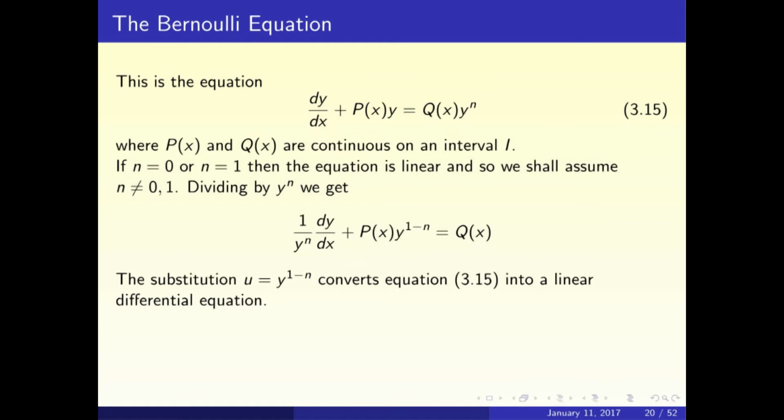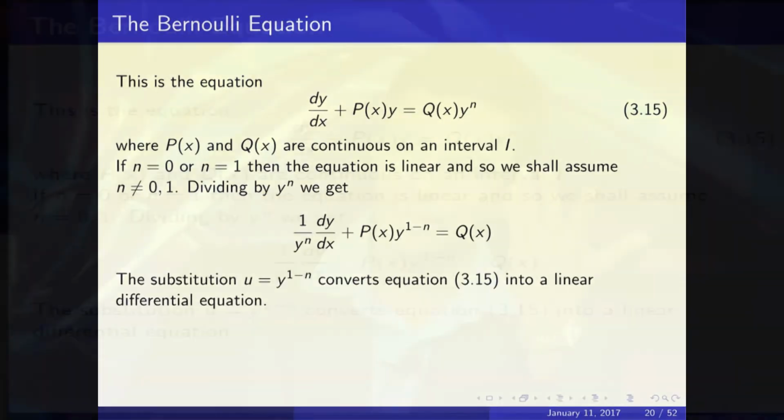If n is 1, then bring the q(x) term also to the left hand side and write it as dy by dx plus (p(x) minus q(x)) into y equal to 0. That's a linear equation again. So these two cases, n equal to 0 and n equal to 1, are uninteresting because they have been subsumed in the linear case already and the discussion is over.